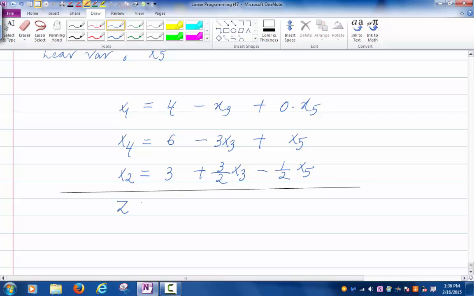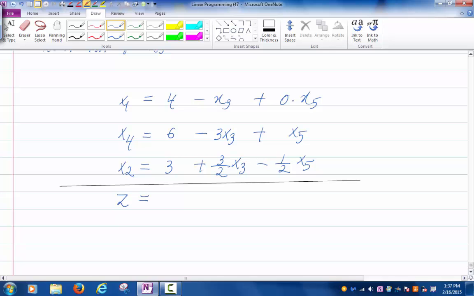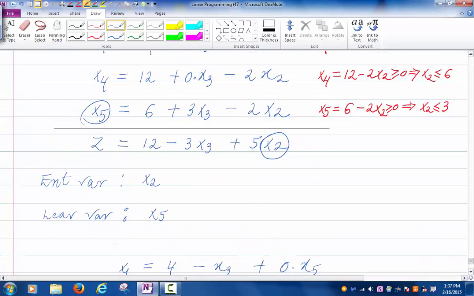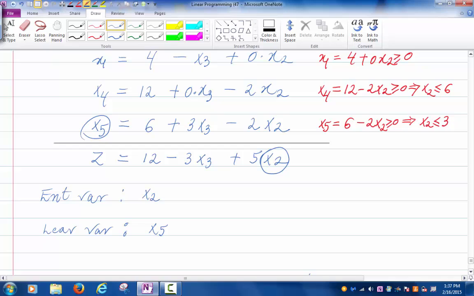which is z equals to, maybe let me show at least for z what you should be doing. So how did I come up with the last equation? Remember, this was in my previous dictionary. I go to the equation for the leaving variable. I need to solve for the entering, so I'm going to solve for x2.